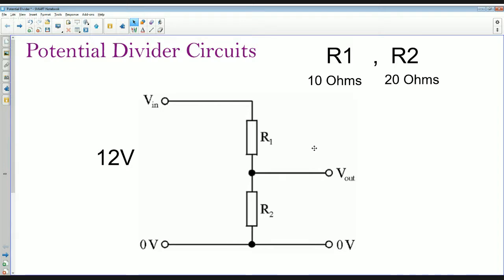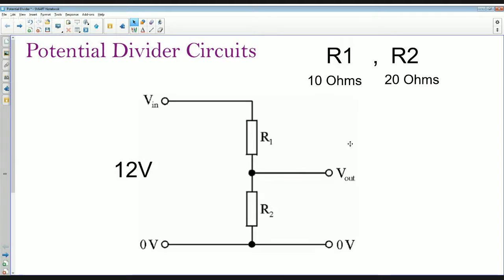In this case, what are the ratios of it? Again, the total potential difference between V in and V base is 12 volts, right? So what would be the potential difference across R1 and R2? You can pause the video and work it out yourself, but if you want to know the solution, just listen on.